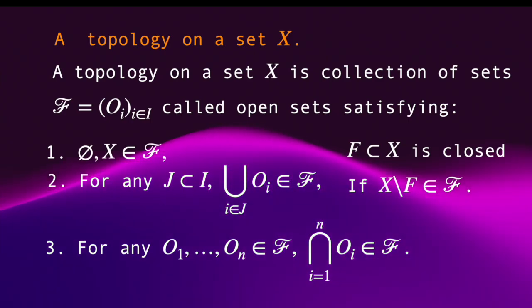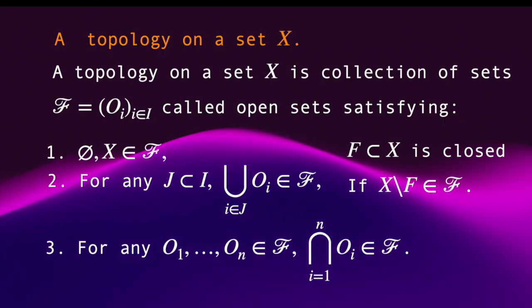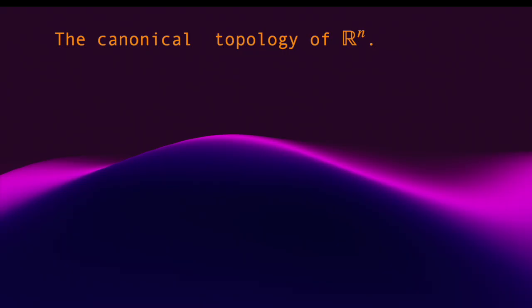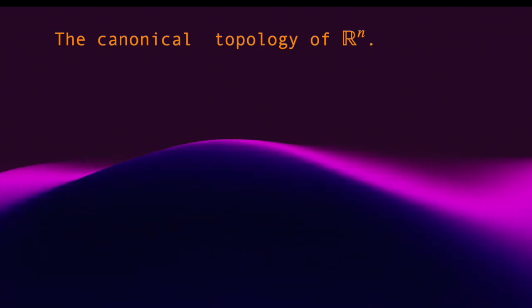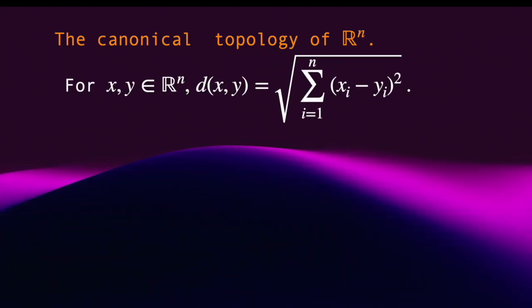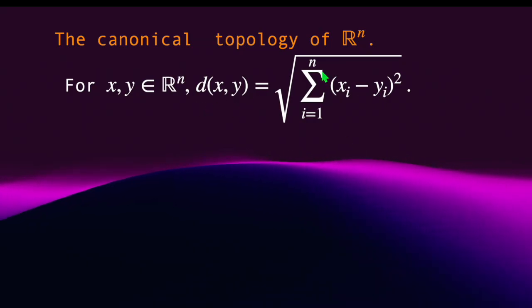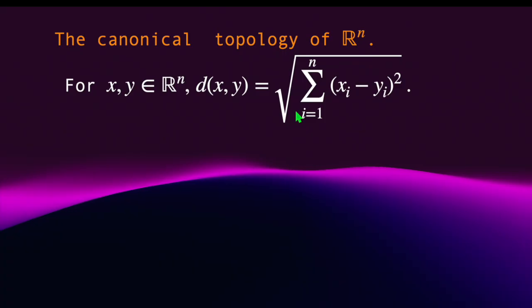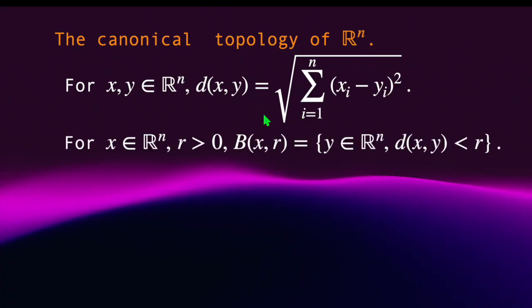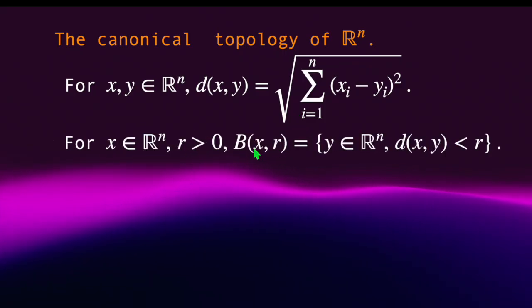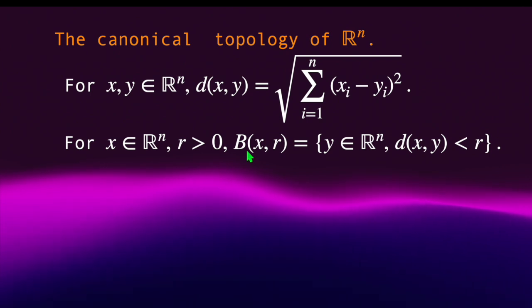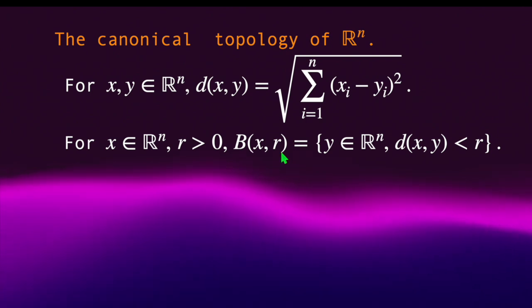Okay, so now we know what a topology is. The most important example is the canonical topology of Rn. Indeed, in Rn we have a distance, the Euclidean distance, and with the Euclidean distance we can define balls of radius r.